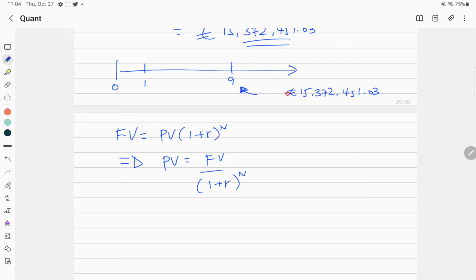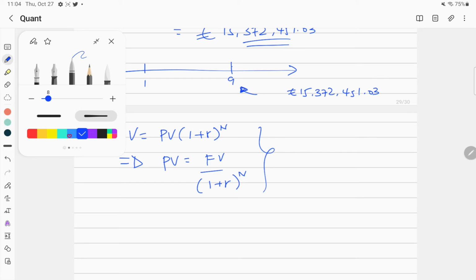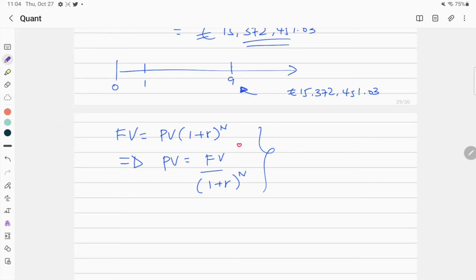So for this problem that we have, our future value is this amount.